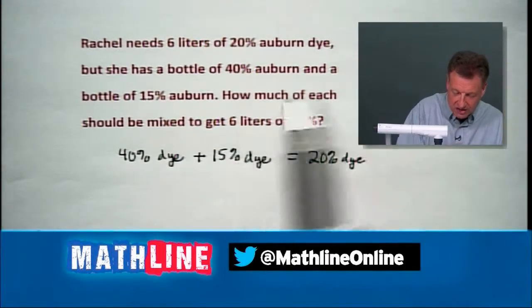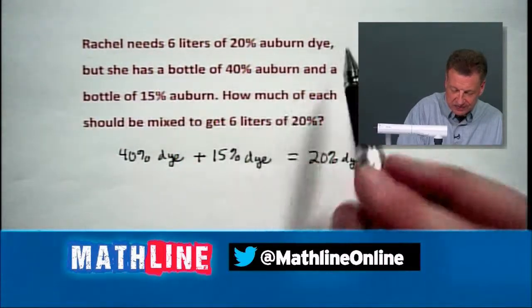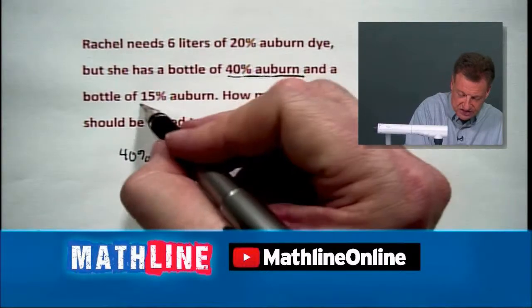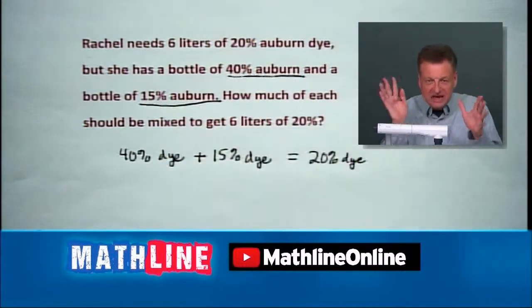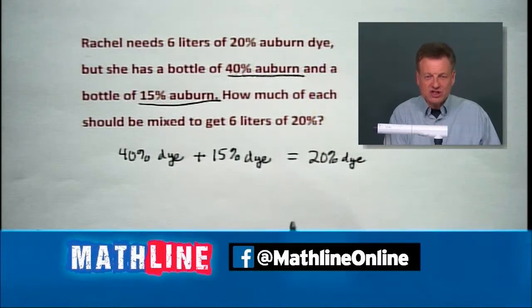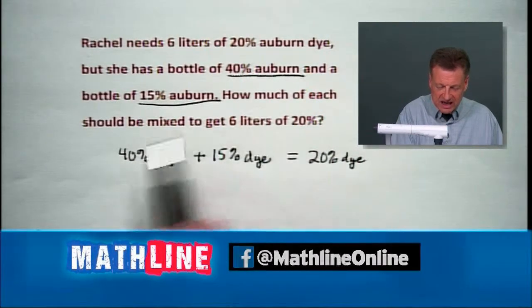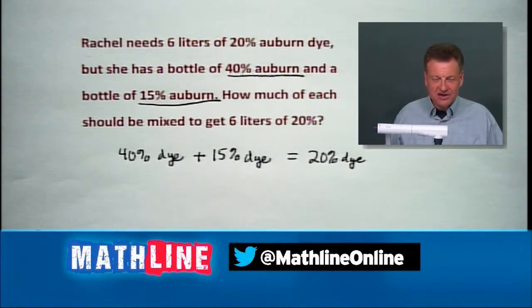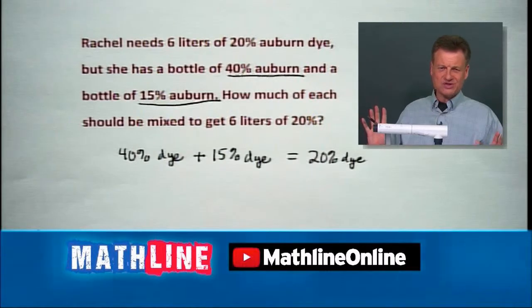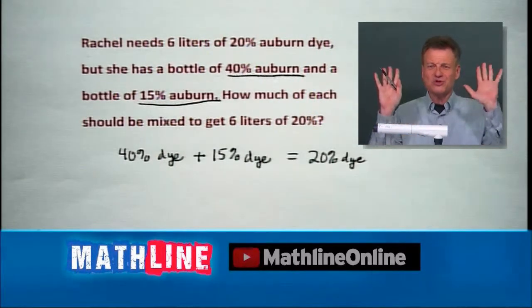See where we are? So that's what she needs. She has this, and she's got this, and we're going to mix them together to get this. But now the question is, how much of each should be mixed to get 6 liters? This is the story. Everybody good on the story? We always like stories, don't we? I agree. Stories are good.